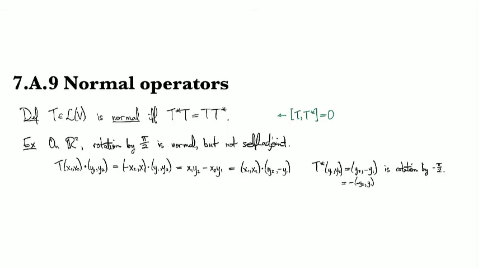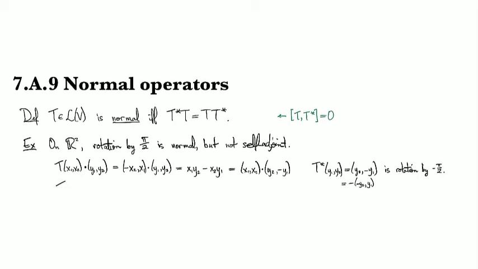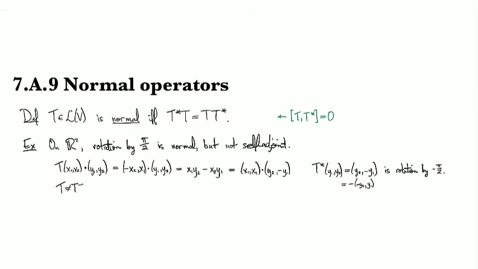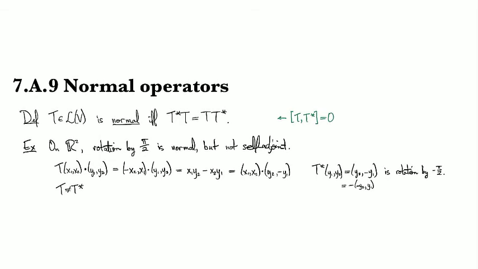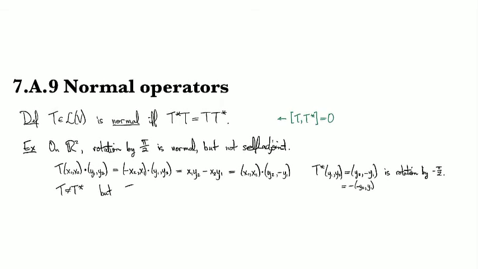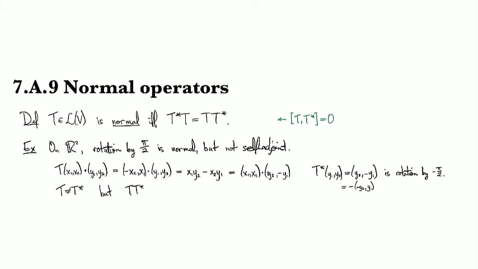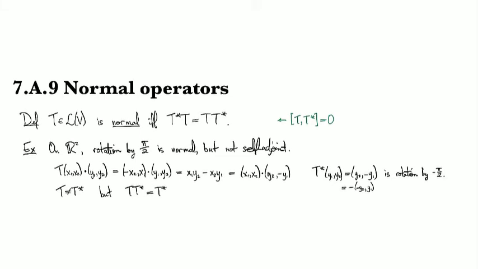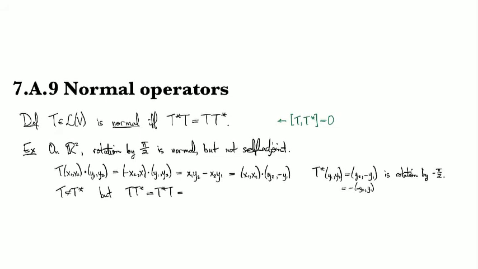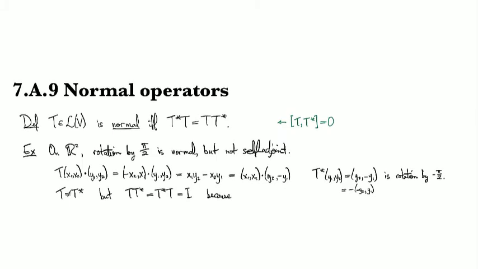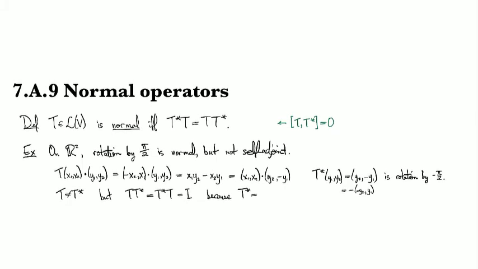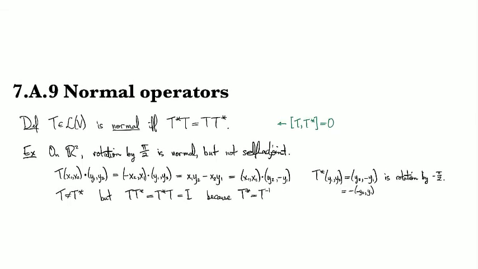Then we have that T is not equal to T star, because one's rotating one way, the other's rotating the other way. But TT star and T star T are both equal to the identity, because T star is actually equal to T inverse.